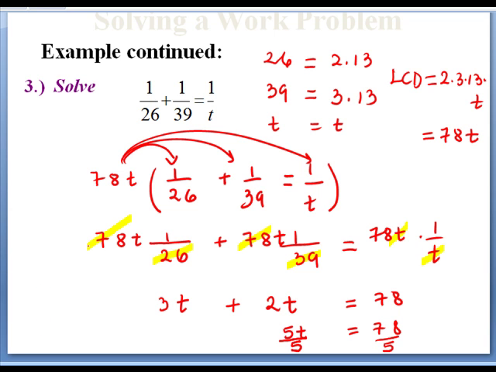I ran out of space, so I'm going to just use this corner here. So I have t equal to 78 over 5 hours, or if we divide, approximately 15.6 hours. So that's the answer.